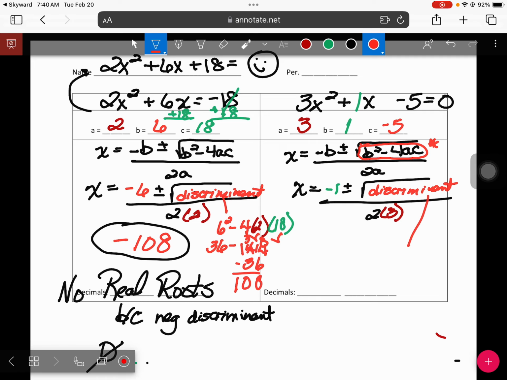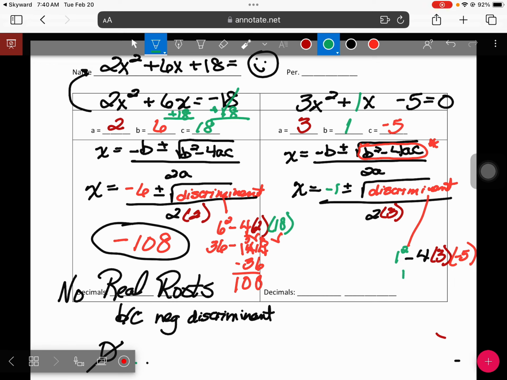All right, so b squared is 1 squared minus 4 times a, which is 3, times c, which is negative 5.